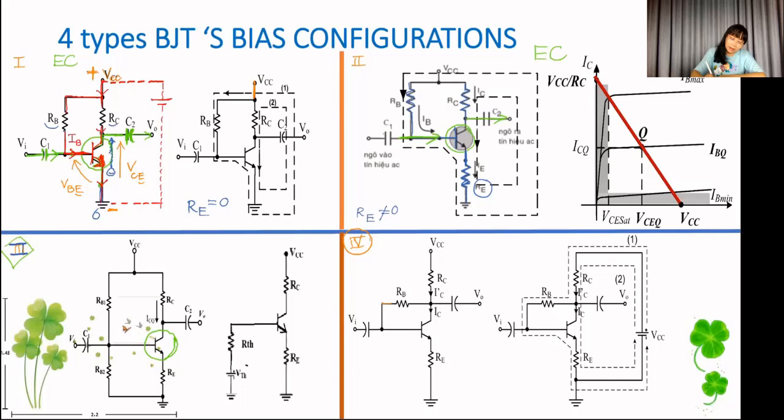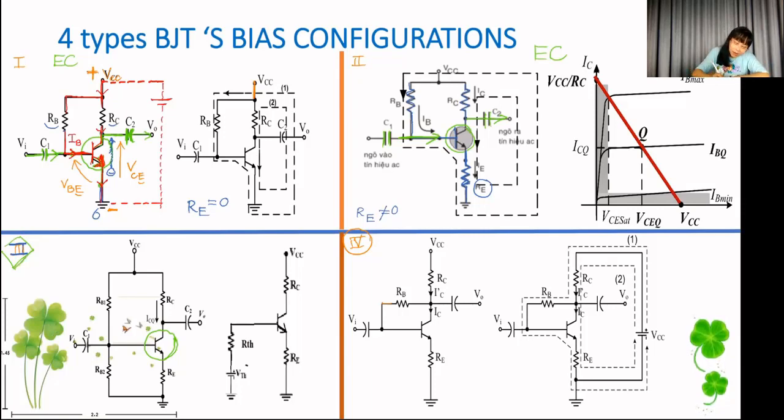We see the capacitor. It means capacitor is for output and input. And in this case, you can see this circuit has the common emitter, the first configuration.